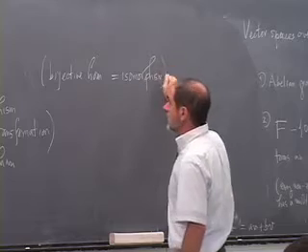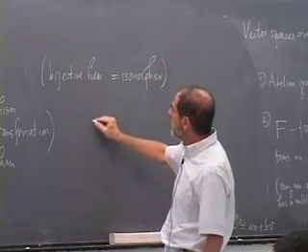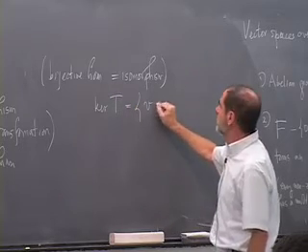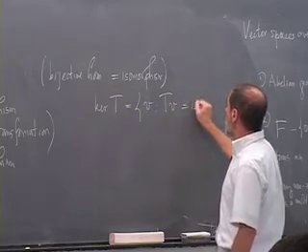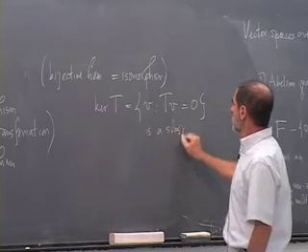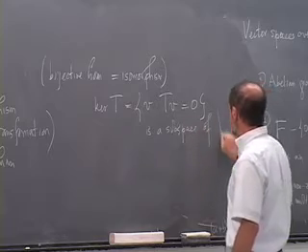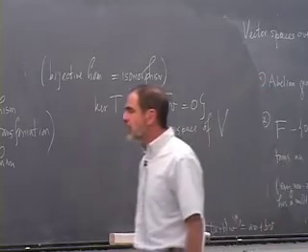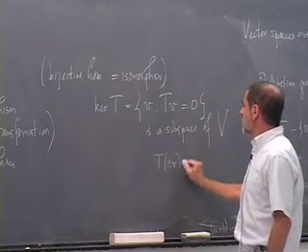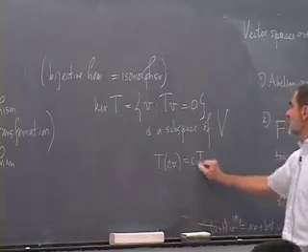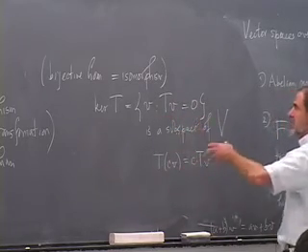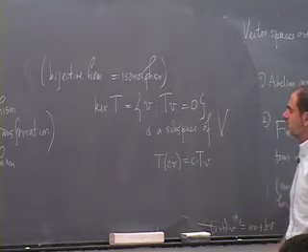Moreover, we find that the kernel of T, which is the subgroup of vectors such that T of v is equal to 0, is a subspace of V. That's because if you take T of cv, it's c of T of v, and we know it's a subgroup because of group theory, but we have to check it's stable under scalar multiplication.